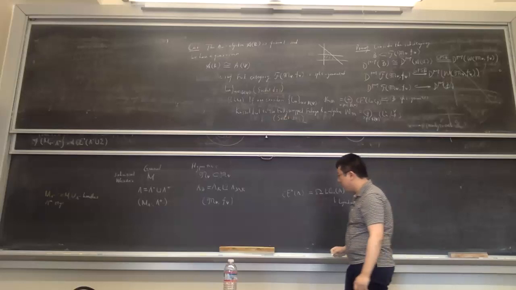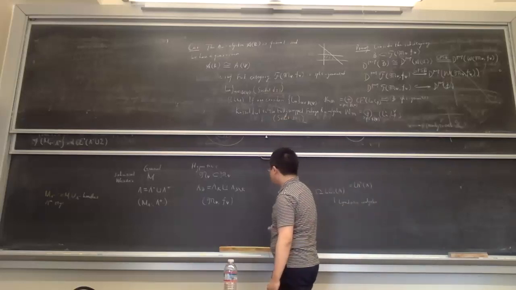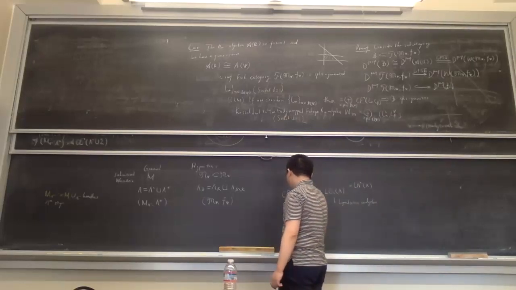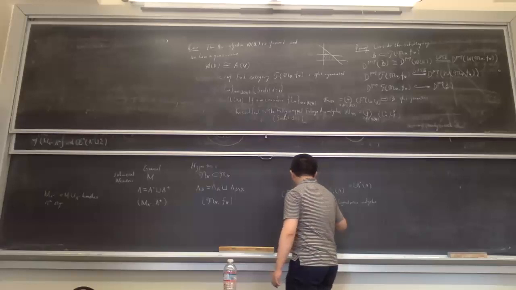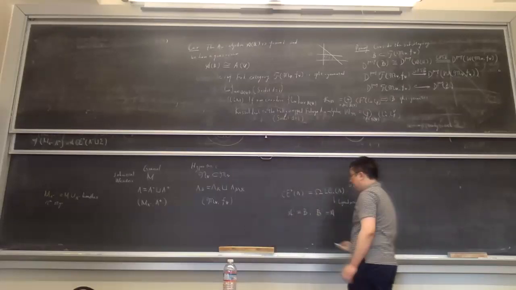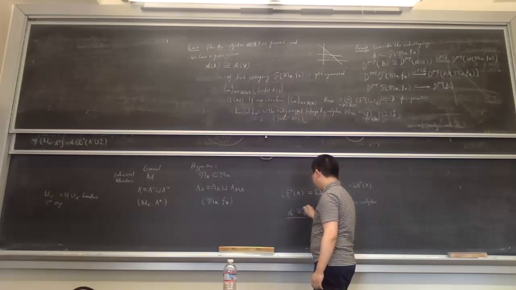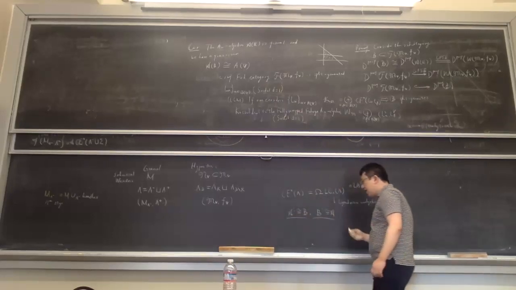So by using Ekholm-Lekili, remember that Koszul duality requires that the Koszul dual of A is equal to B, and the Koszul dual of B is equal to A. By generalizing this setup of Ekholm-Lekili, we already have one equivalence, but we only need to prove the other equivalence.